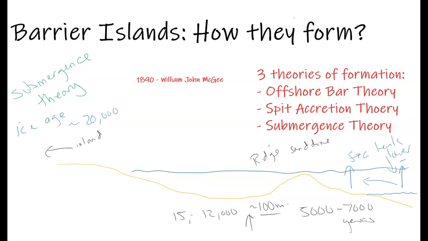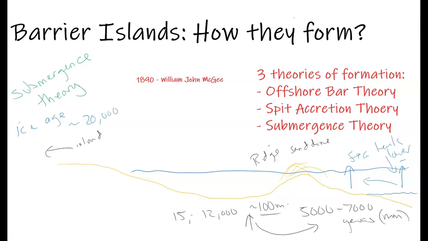There's the new sea level. Now, as time progressed to 5,000 to 7,000 years ago, the melting had pretty much been completed, and the sea level would only fluctuate by a few millimeters per year, allowing that consistency in the coastline to form the barrier islands.